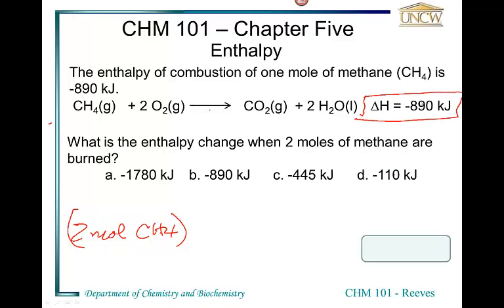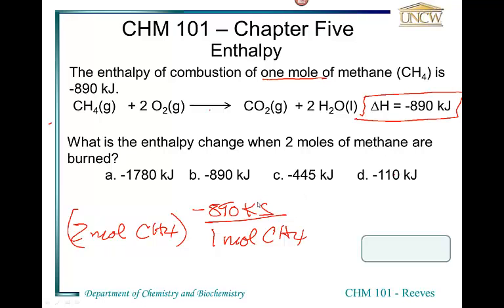Remember, delta H is measured as the heat that flows. So we take that heat, but we have to match it up with the amount of material that produced it. And if you read this statement, it's 1 mole of methane that produces 890 kilojoules of heat. So we're going to have minus 890 kilojoules per 1 mole of CH4.